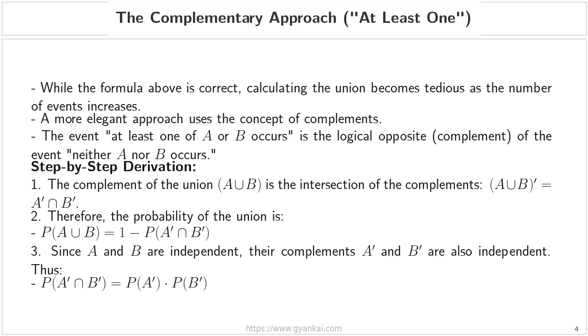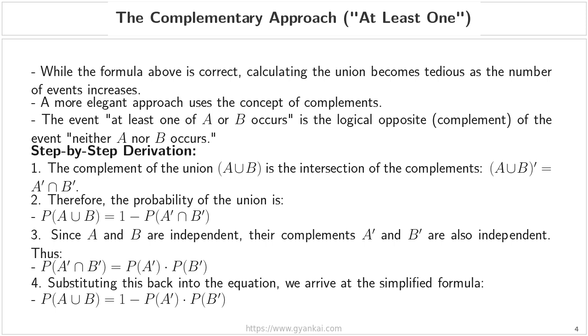Third, here is the crucial part where we use what we learned in the previous slide. Since we are assuming events A and B are independent, their complements, A prime and B prime, are also independent. This means the probability of their intersection is simply the product of their individual probabilities. So, P of A prime intersection B prime equals P of A prime times P of B prime.